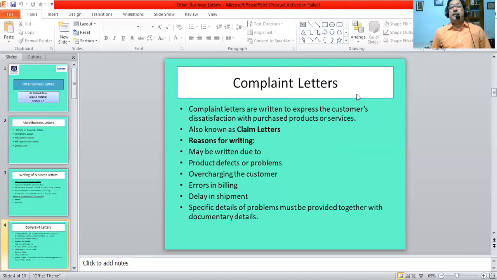Now, whatever be the reason why these letters are written, the exact and specific details of the problems which they are speaking about need to be provided, together with some documentary evidence. So, if you have got goods which are supplied late, then you have the challan or bill which the transporter has given to you, indicating the time and the date on which they were supplied.